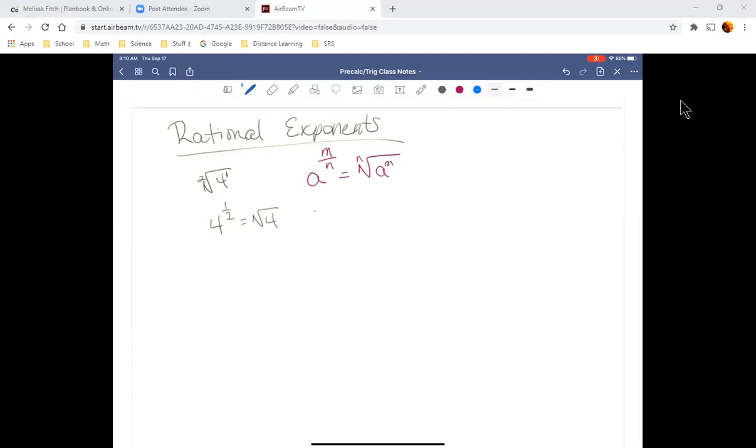So let's say we had 64 to the 1/2. We know we're going to have a radical symbol because it's a fraction. My radicand is going to be the 64.